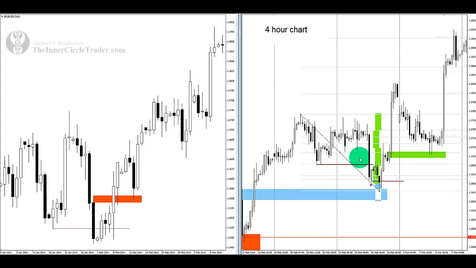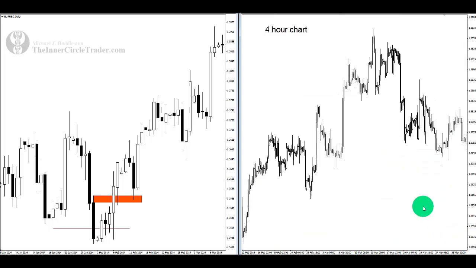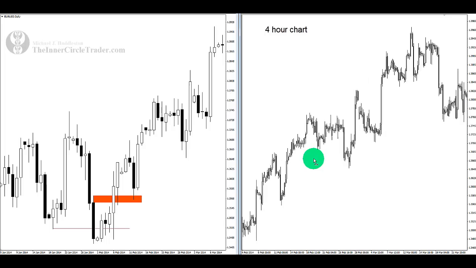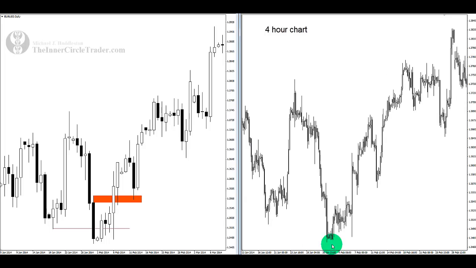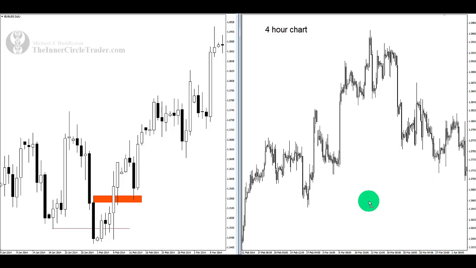If we go down into a 15-minute time frame, we'll start there.